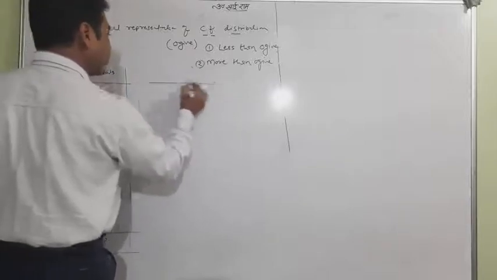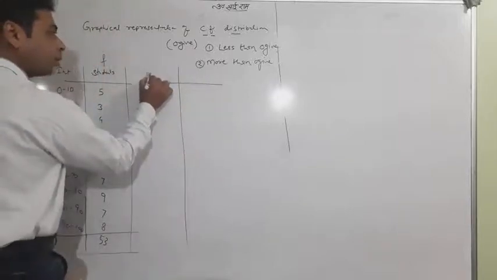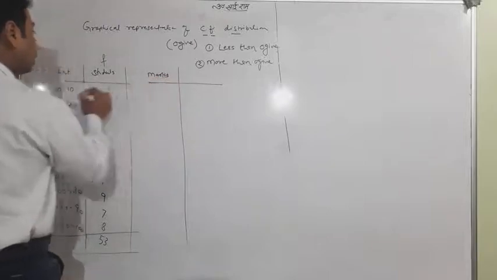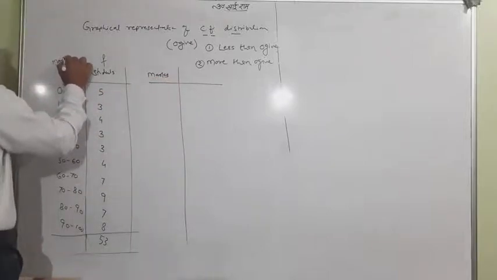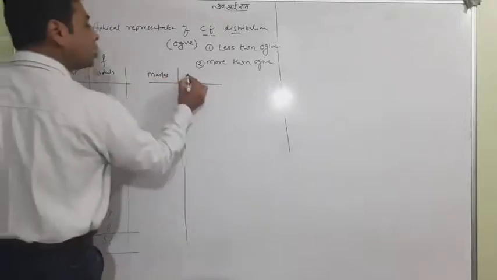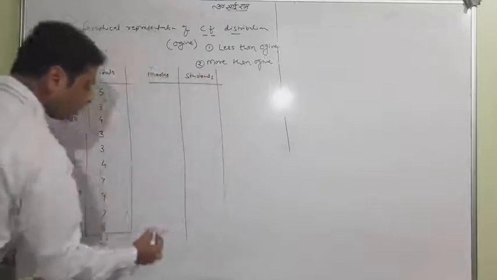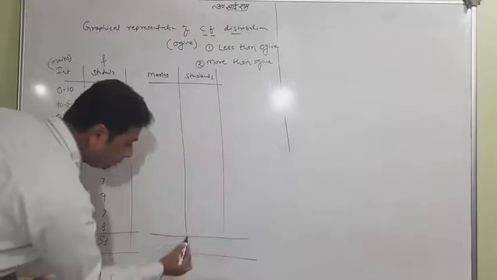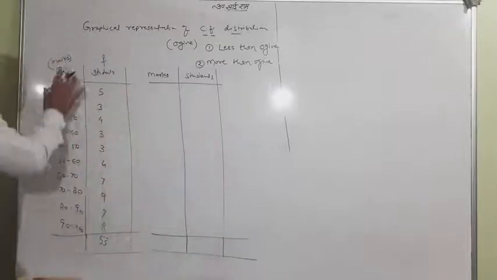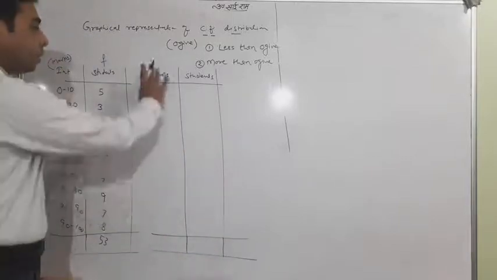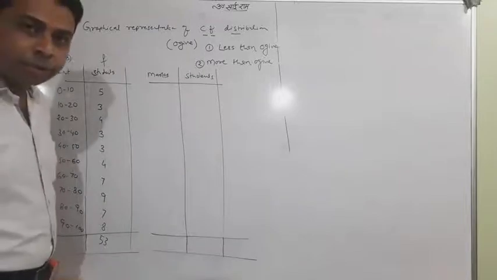These are the marks given in intervals, and these are the students. So I am turning this simple continuous sequence into more than type language.